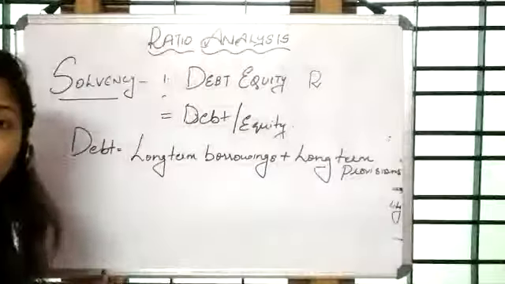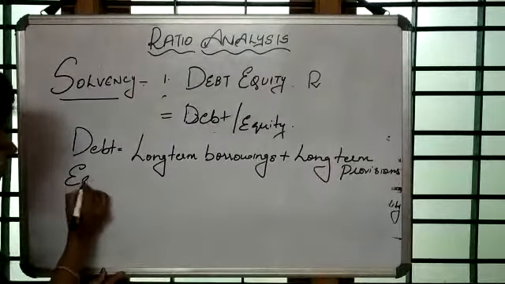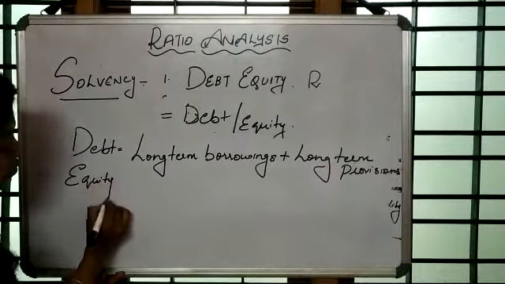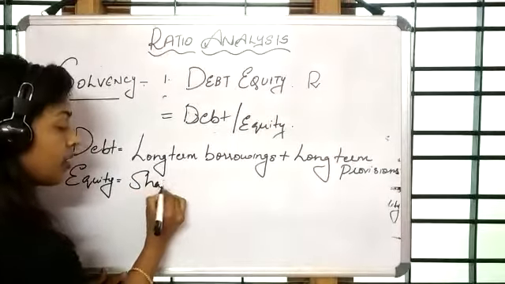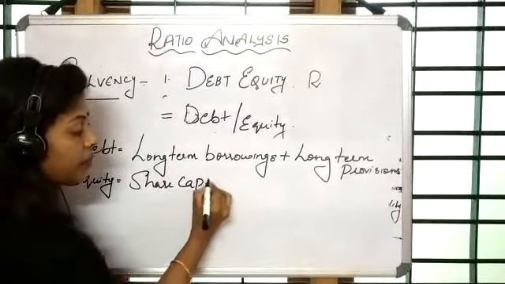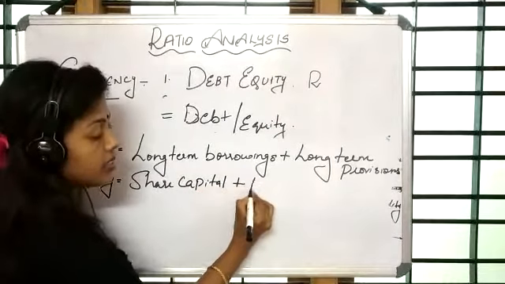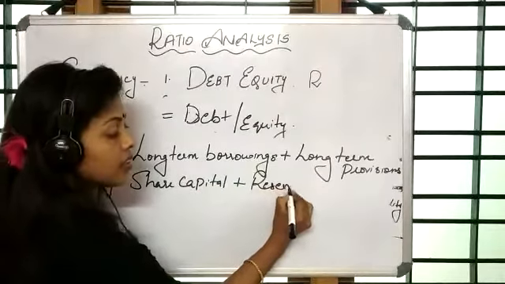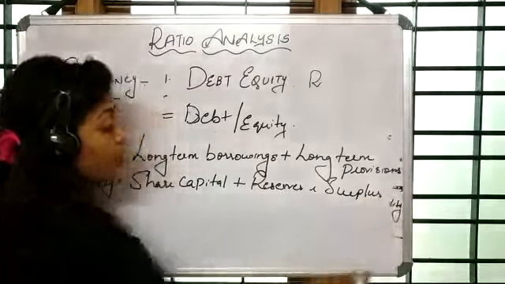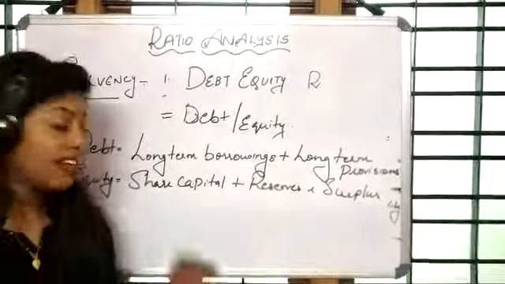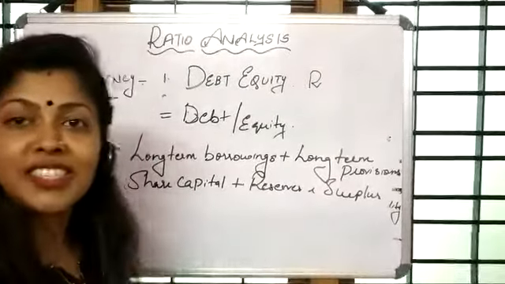So what is equity? Equity is equal to share capital plus reserves and surplus. You are familiar with these terms. Share capital, reserves and surplus.